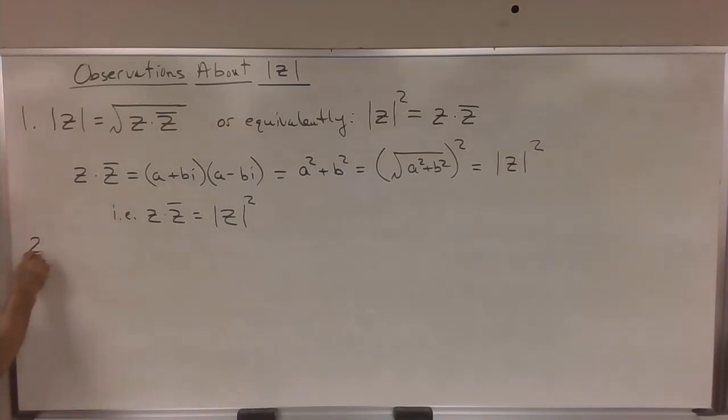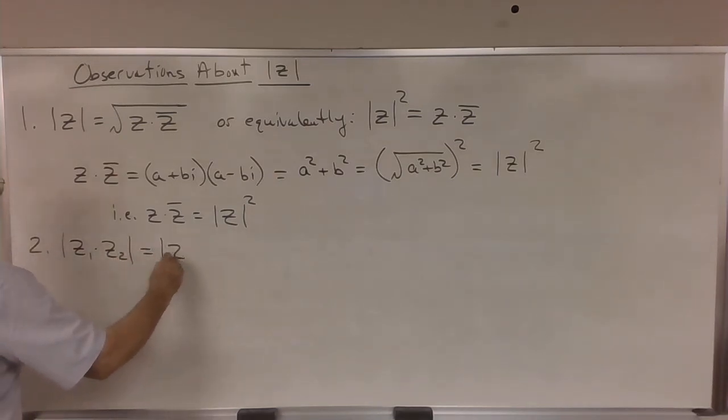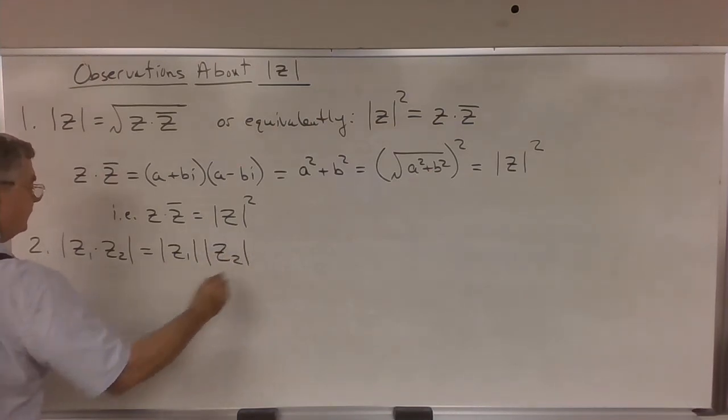Let's see, what else would we like to note here? Oh yeah. Typically, the properties that hold for absolute values also hold for the modulus. So the modulus of z1 times z2 is going to be the modulus of z1 times the modulus of z2.